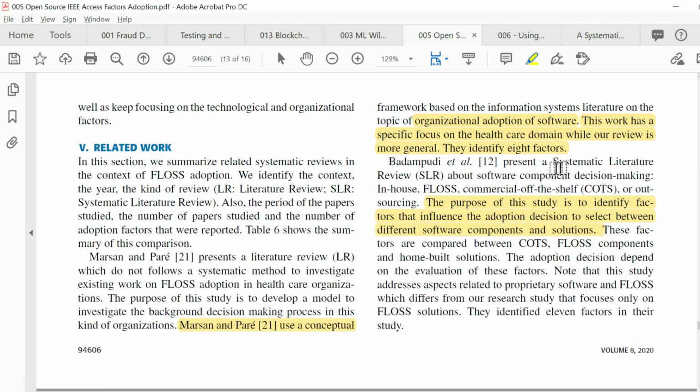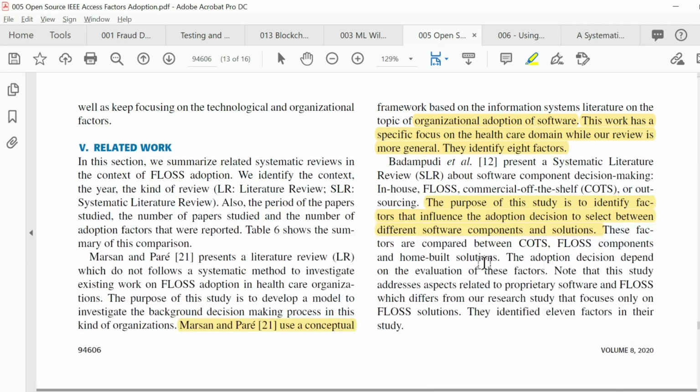Similarly, another paper talks about software component decision making: in-house, commercial off the shelf, or outsourcing. So the purpose of this SLR done by these people is to identify factors that influence the adoption decision of selecting between different software components and solutions.